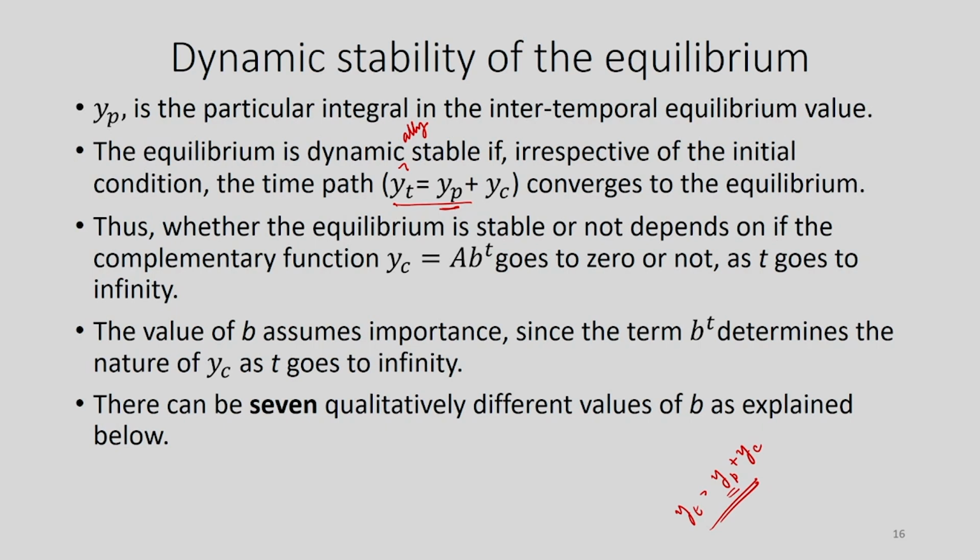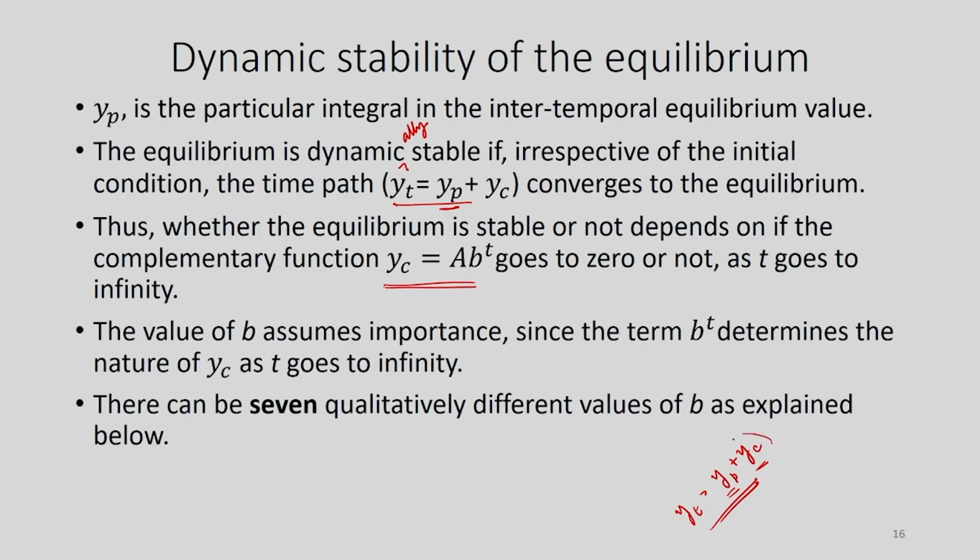Thus, whether the equilibrium is stable or not depends on whether the complementary function, that is the other part yc, which we know is equal to a b to the power t, goes to 0 or not as t goes to infinity, right.